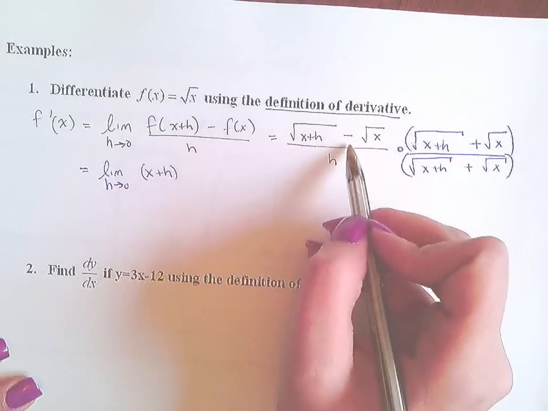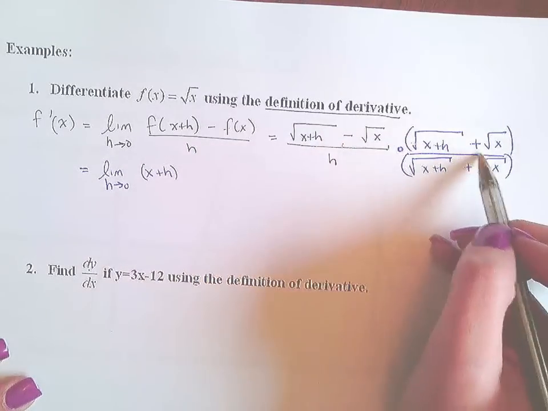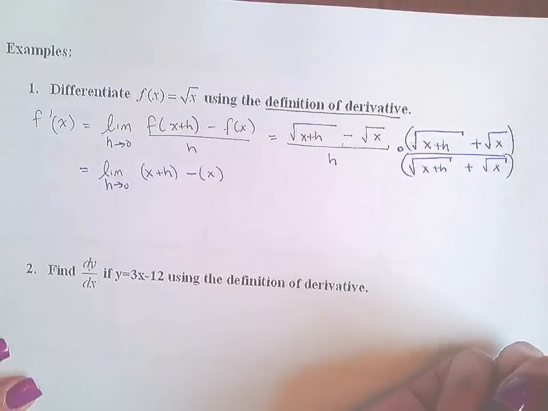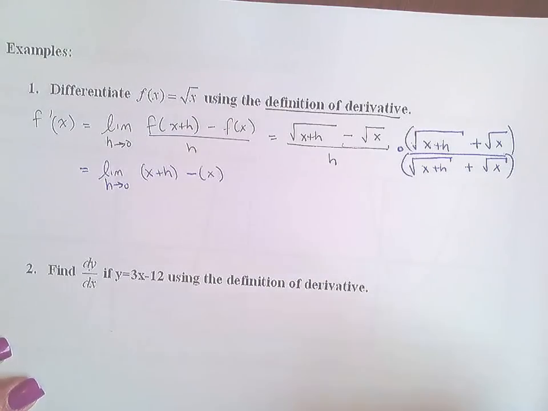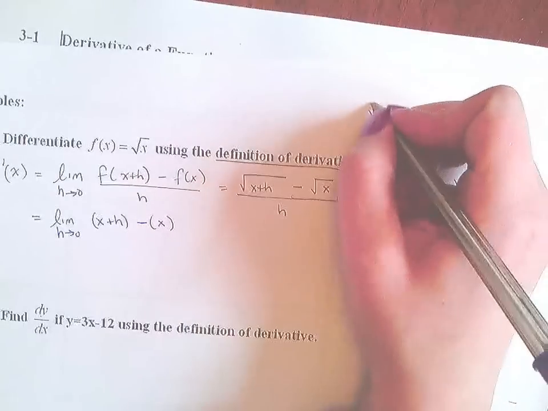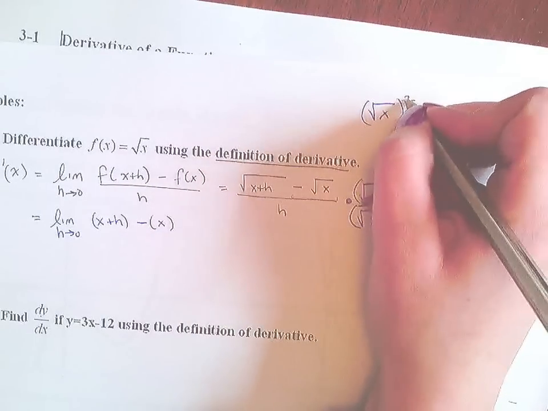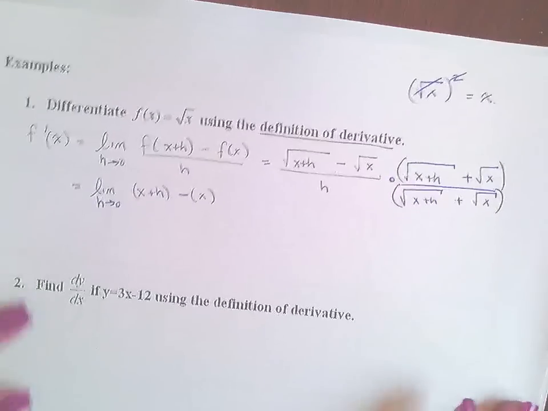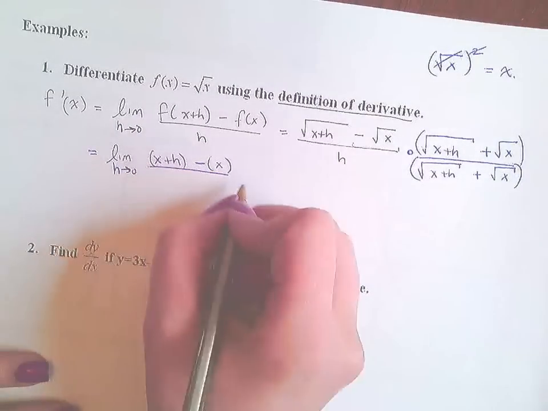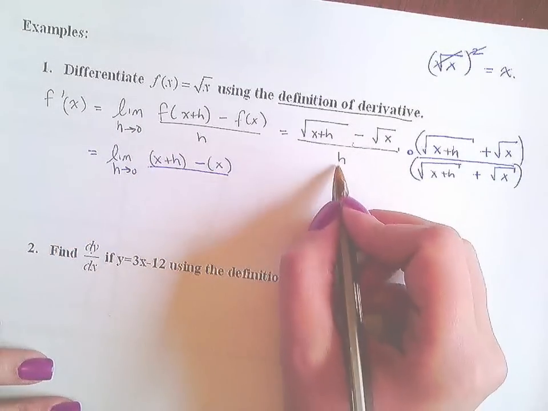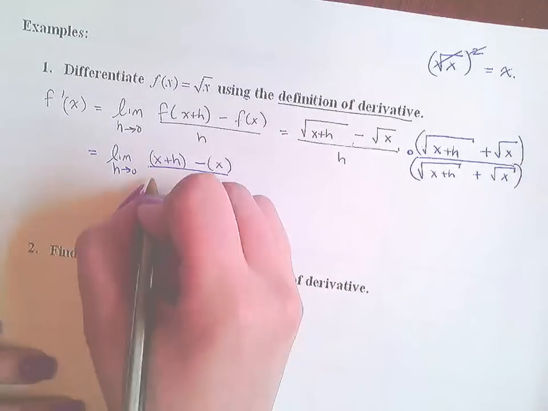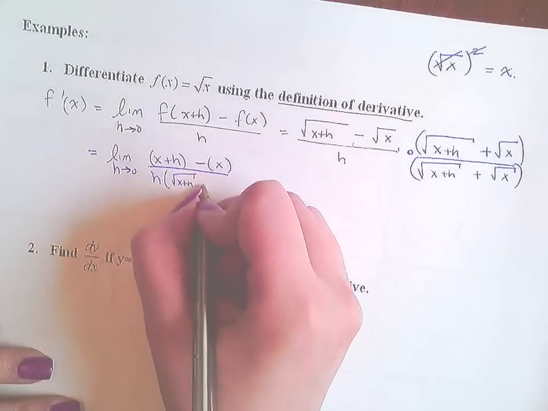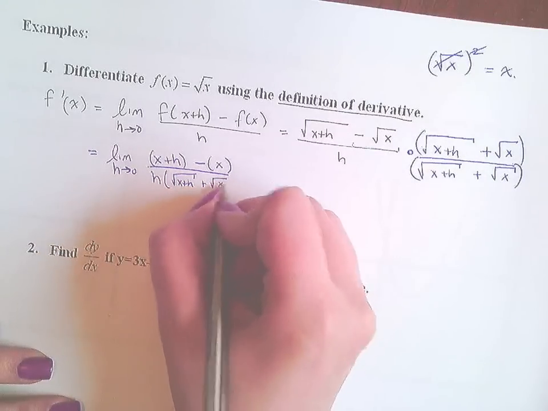And then the last term, which is negative square root of x and positive square root of x, give us minus x, because square root of x squared is just x, right? Recall, square root of x squared, what does that square do? Just cancels out the square root and you're left with x. And all of that is over, not just h anymore. So now we have h times this guy. So h times the square root of x plus h plus the square root of x.